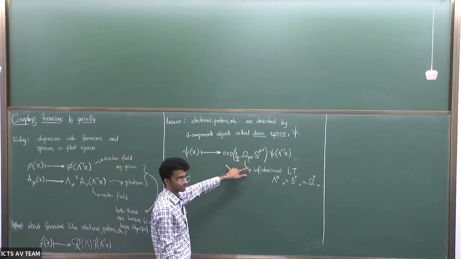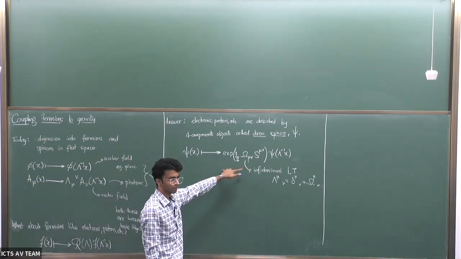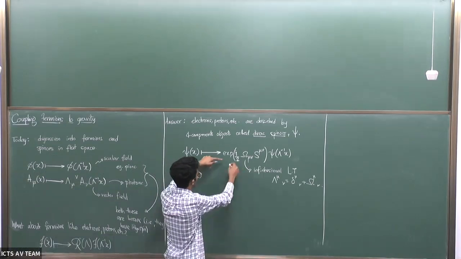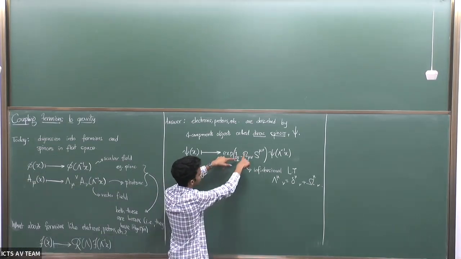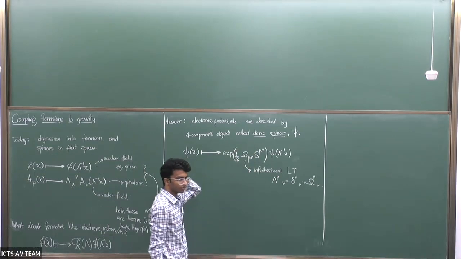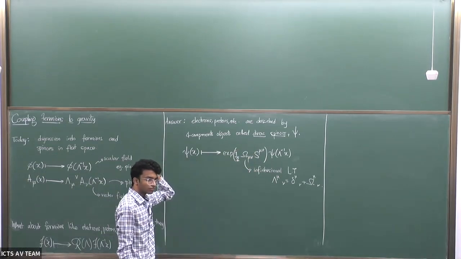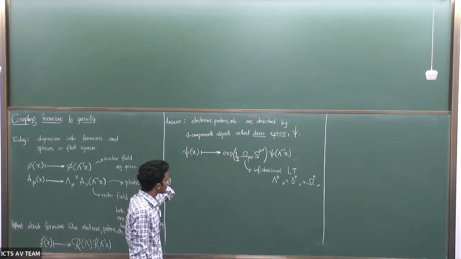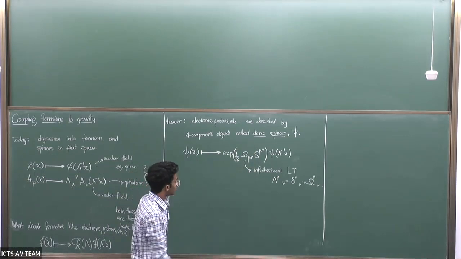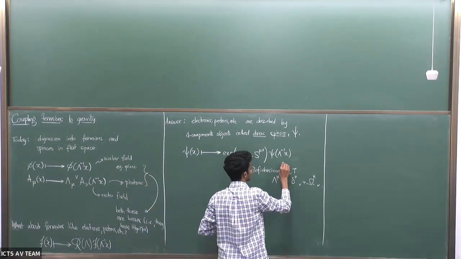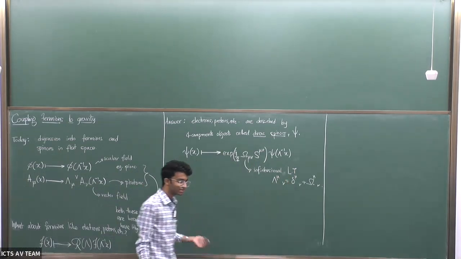This is a finite transformation, right? Because I've already exponentiated. If you want infinitesimal, I can just write this as identity plus half omega mu nu. I mean, you understand what I mean.